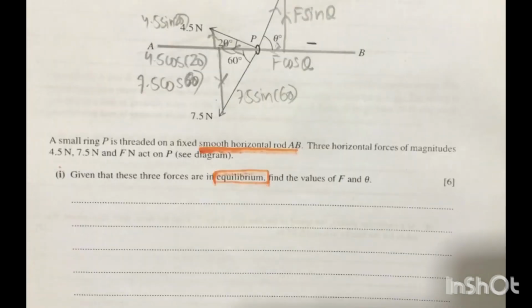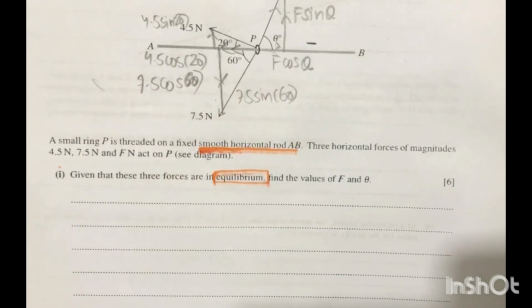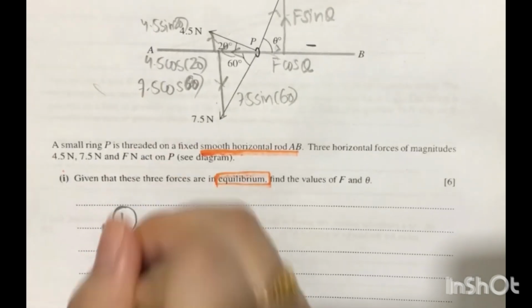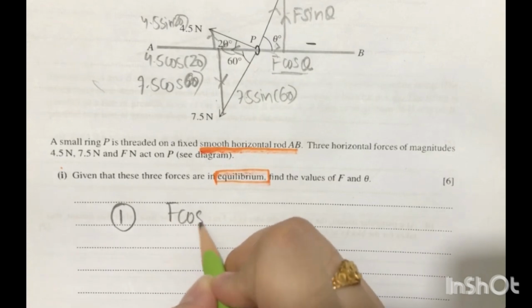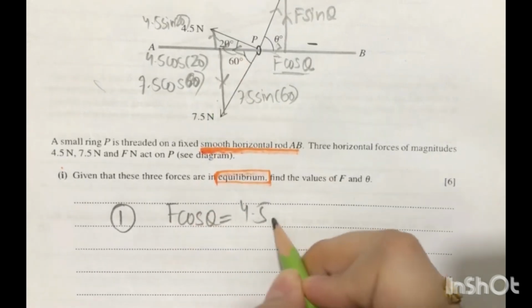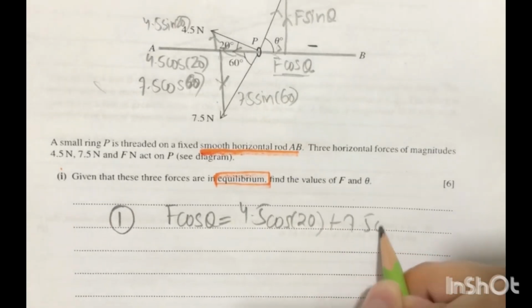When we're talking about equilibrium, we know that the forces acting rightwards must equal the forces acting leftwards. So first let's write this down. That means that F cos theta is equal to 4.5 cos 20 plus 7.5 cos 60.